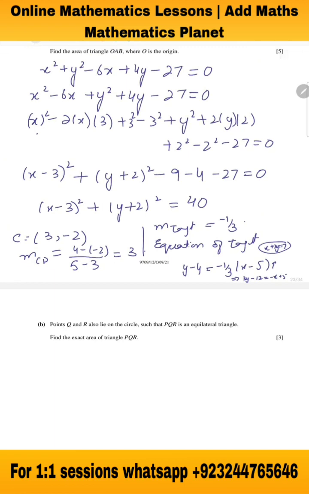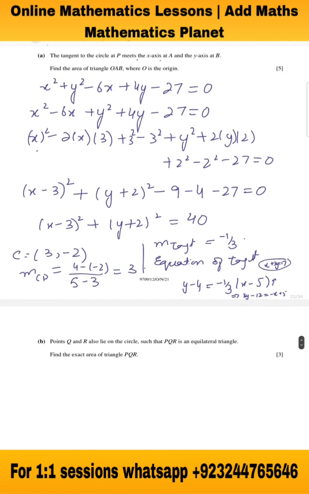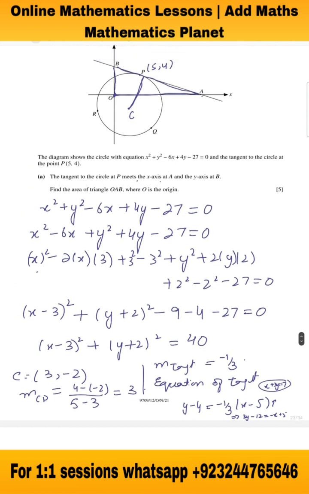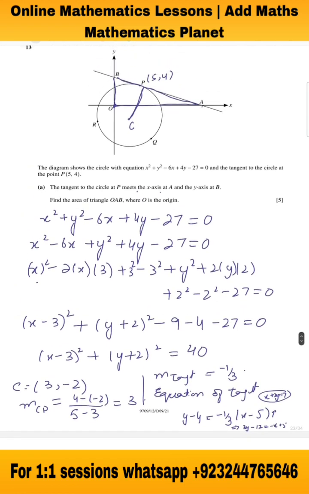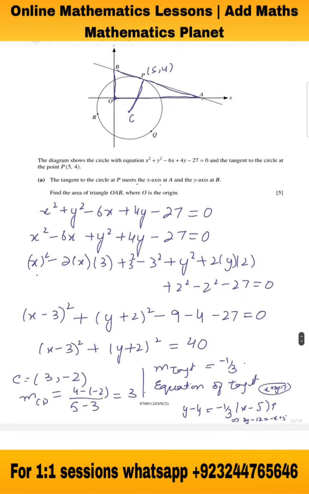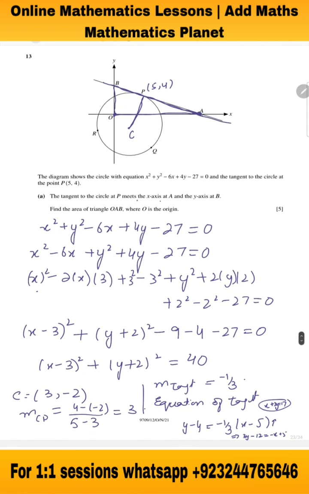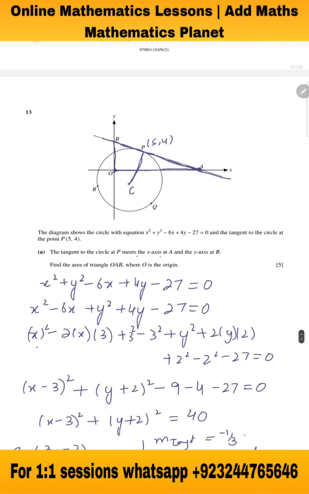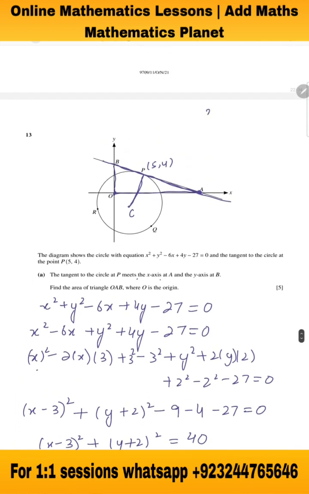So now we need to calculate the area of triangle AOB. We will find A and B from the equation of the tangent, x + 3y = 17. Because point A is on the x-axis, y = 0, so x = 17.